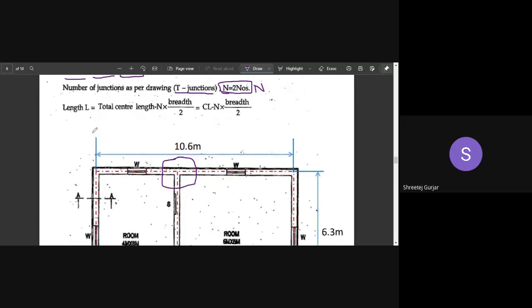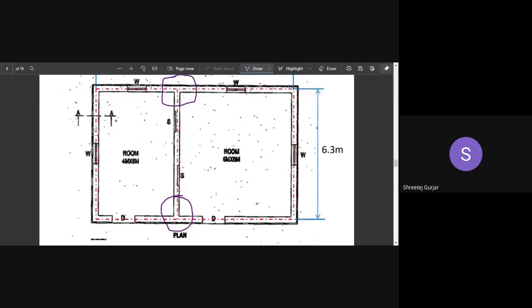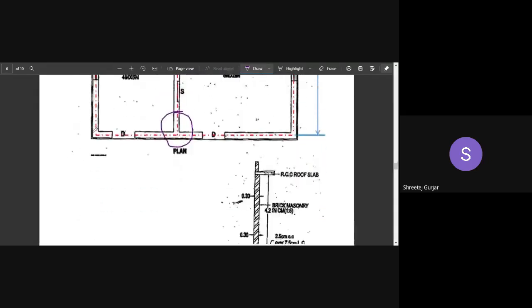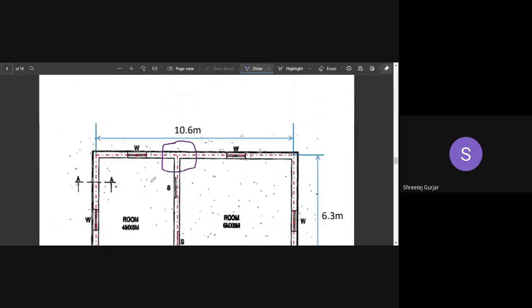Whenever we want to calculate the centerline length of a particular item of work, it may be this, or this, or this. We need to calculate it using this formula.